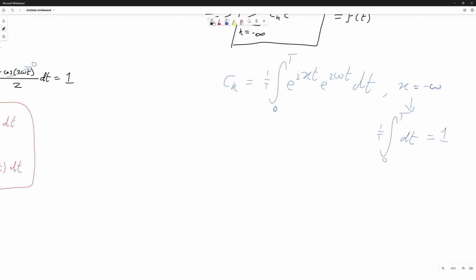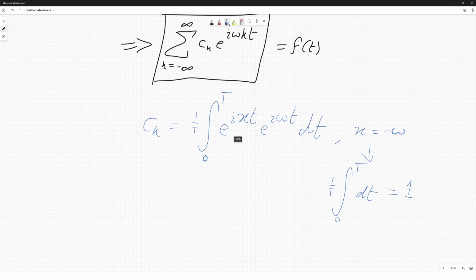However, what this would be doing is scanning so that when I get a frequency, it would map to the opposite frequency. It would map to a negative frequency rather than a positive frequency. So I'm just going to flip the sign of this term.